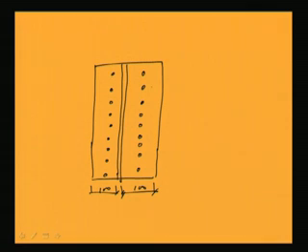Now, the pitch distance has been considered as 50 and let us assume the edge distance as, say, 40. Whatever we can make, there is no problem. The only thing is we have to see the codal provisions, and we cannot violate them, that we have to check. So these are all 50.